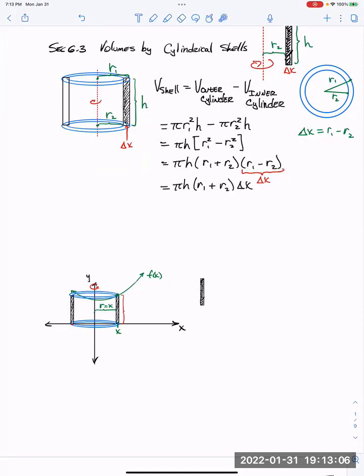Just this arbitrary shell that's being created from taking an arbitrary partition. This is its height, and because it's vertical, we're partitioning the horizontal axis, and that's why it's delta x.